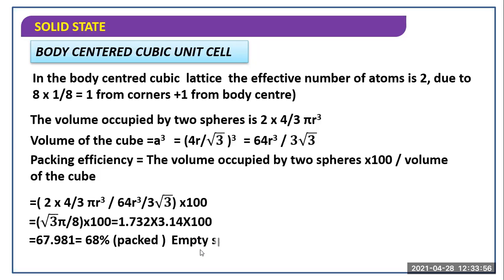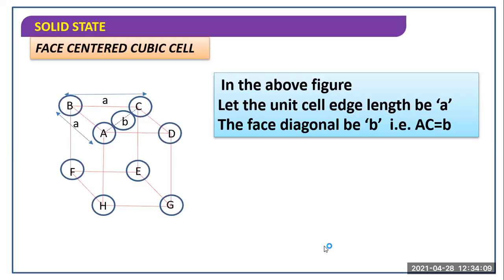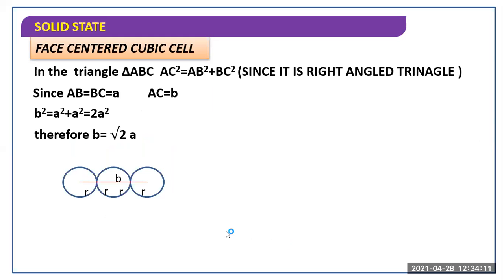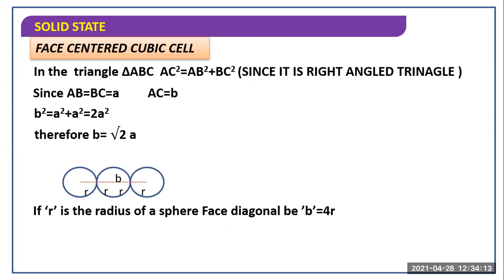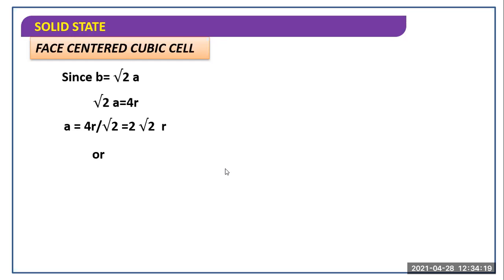So this is the calculation, and we have that 68% is packed and the empty space is 100 minus 68, that is 32%. So B equal to 4R, that means root 3A. This is the calculation.